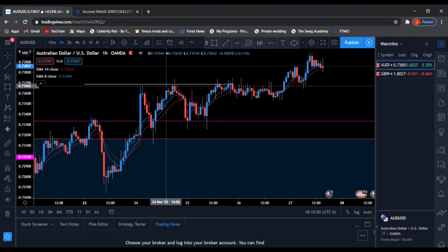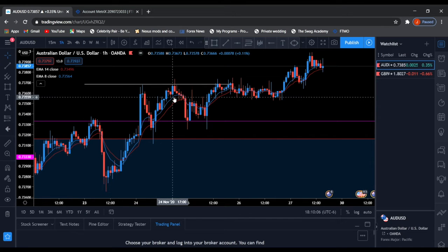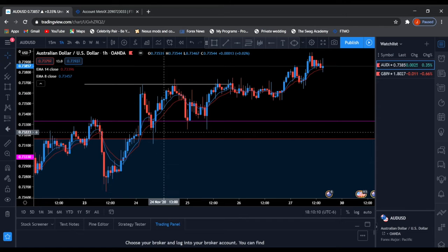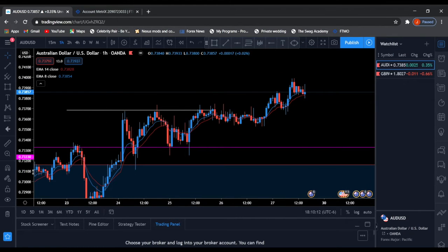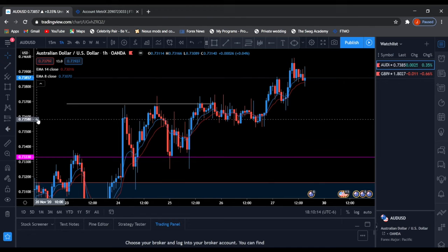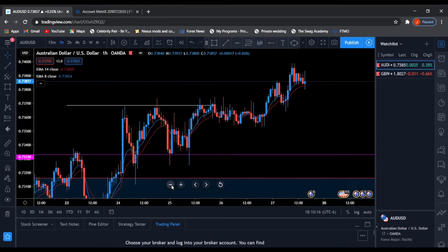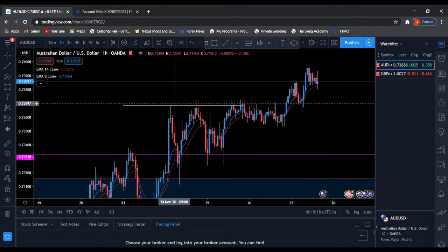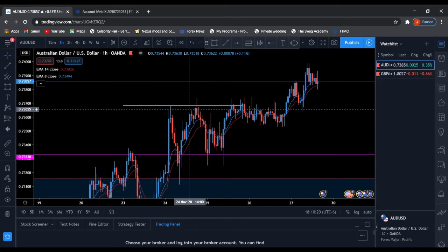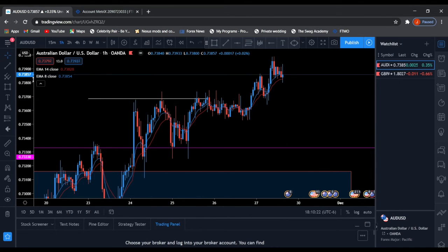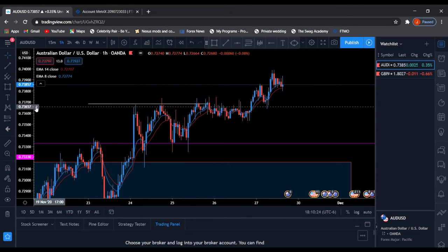Once price broke that level, it broke it with this candle. I probably should have waited for a close above that level, but it still worked out a little bit. Once it broke it, I instantly entered. The reason that I entered is because I told myself, once price breaks this level, I'm going to enter no matter what.